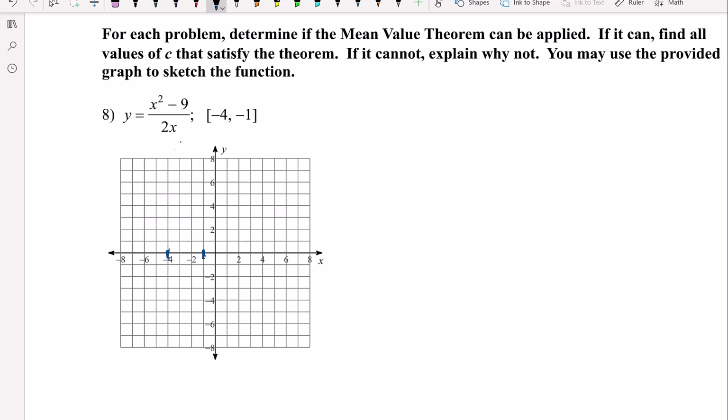Well, in this case, where x is equal to 0, that means since the interval is over here, you will be able to apply Rolle's theorem on the interval. All right, that's it for this one.